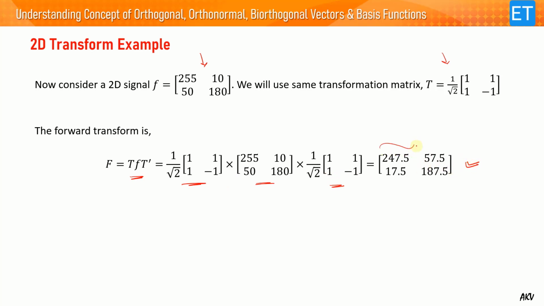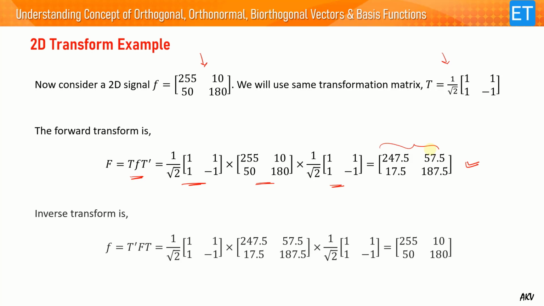These are the transform domain values. To recover my signal back, I need the inverse transform. The inverse transform is T transpose F T. Substituting all these values, I get my signal back. So this is the example of the two-dimensional transform with this real transformation matrix.